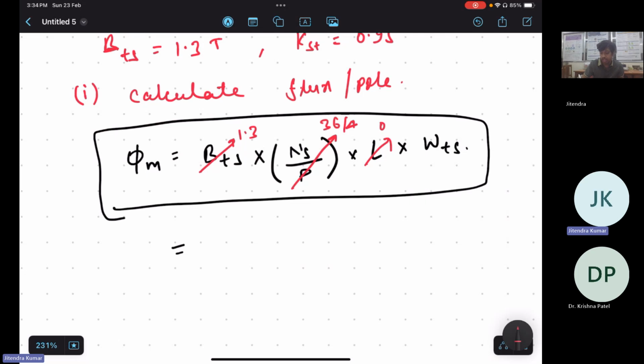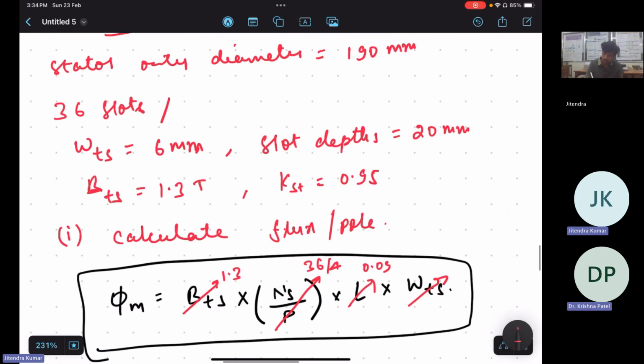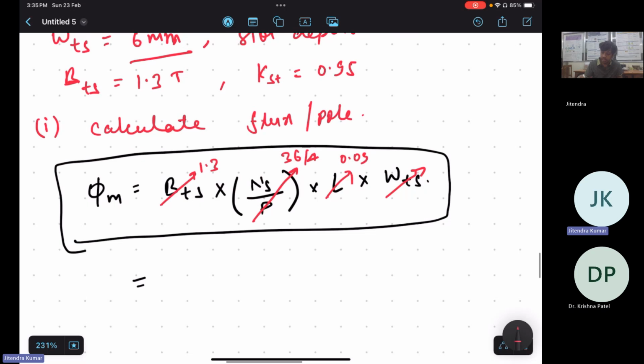So 90 mm we can write as 0.09. And WTS is given as how much? 6 mm, so 0.006. If we plug in all those values, we will get the value here.